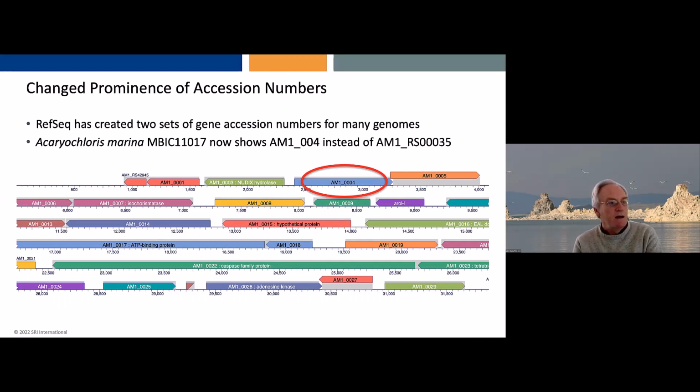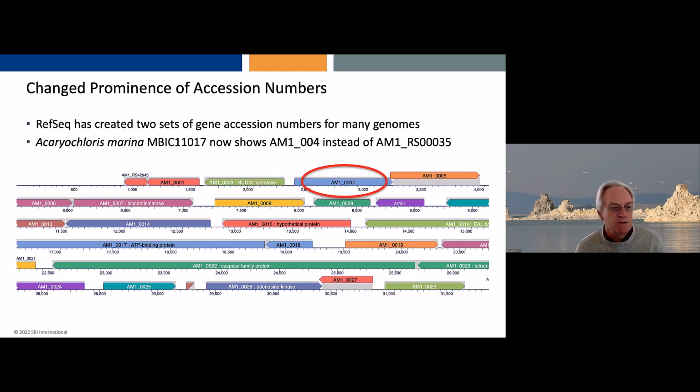Another thing we've done, also suggested by the advisors, was changing what I'll call the prominence of different accession numbers. You may be aware that over time, RefSeq actually has created 2 sets of gene accession numbers for many of its genomes. What happened is that people got familiar with the initial set, and then RefSeq changed it and introduced this new set.